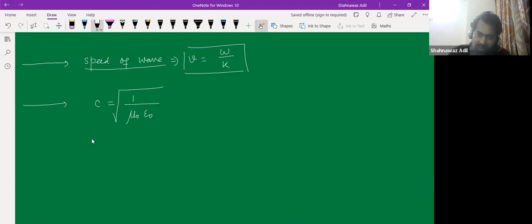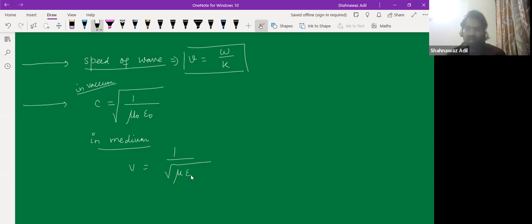And this is in vacuum, right? In medium, what is that? In medium, this v would be simply 1 by root of mu and epsilon.